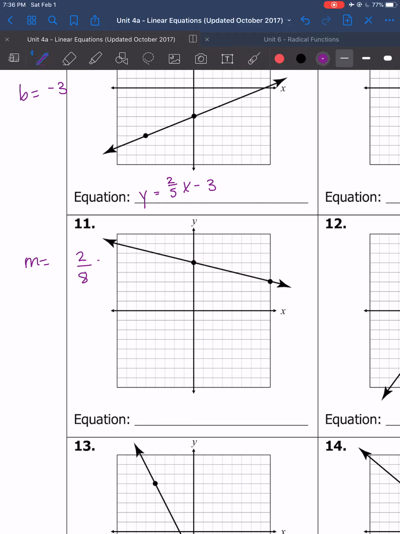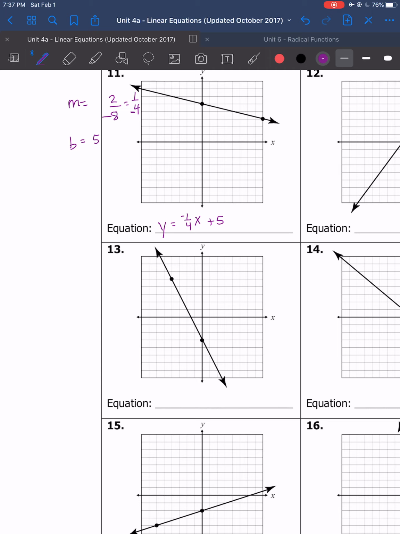So m equals 2 over 8, which does simplify to 1 over 4. And then b is this point right here, so I go 1, 2, 3, 5. But I ran to the left on my slope, so I forgot to put the negative 8. So y equals negative 1/4 x plus 5.